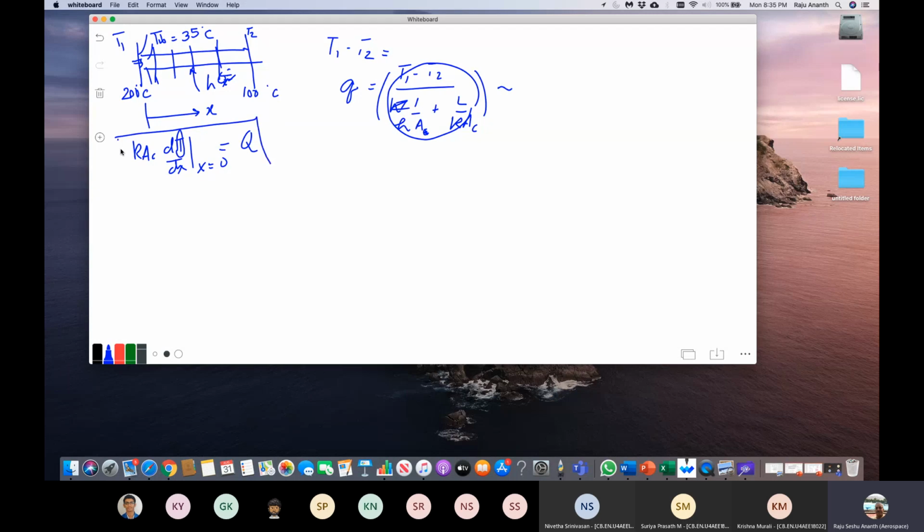That's one way. Another way is, let's say in each cross section here, this heat is being lost. So H P dx is the H multiplied by area, multiplied by T minus T infinity, but T is changing.